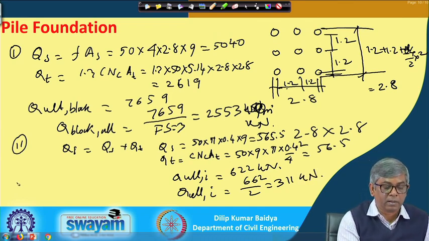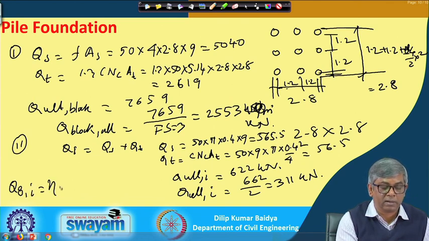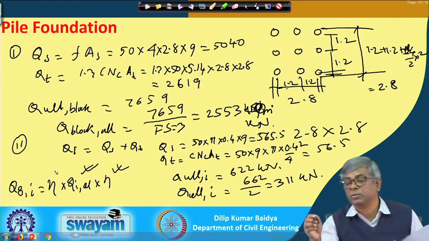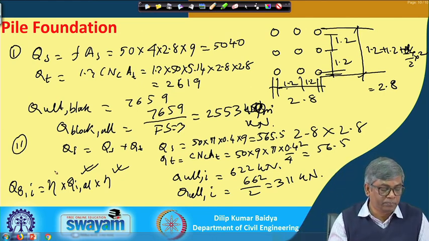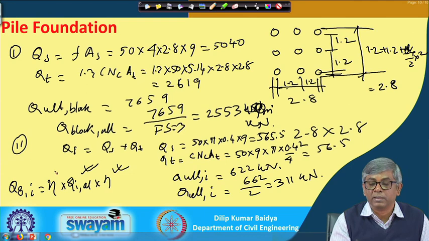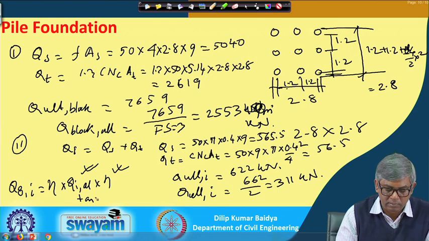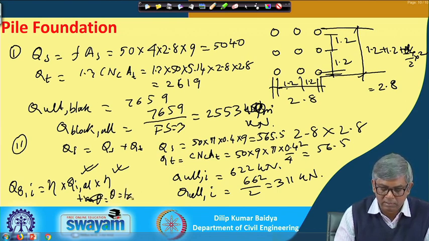Now, your Q group based on individual failure will be eta multiplied by Q I allowable multiplied by n. So, this is already known, this is known, 9, and eta is to be calculated. If I put the eta value, you can say your tan theta will be equal to d by s, so theta equals tan inverse d by s.